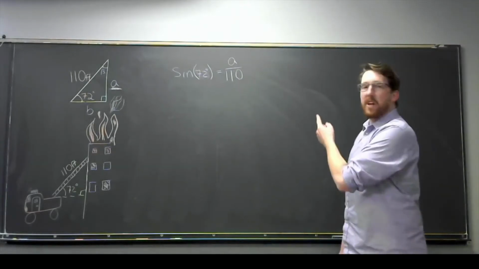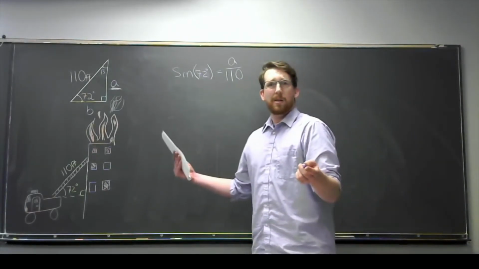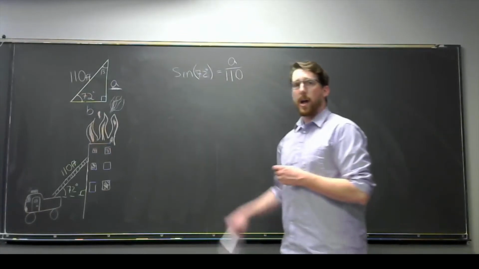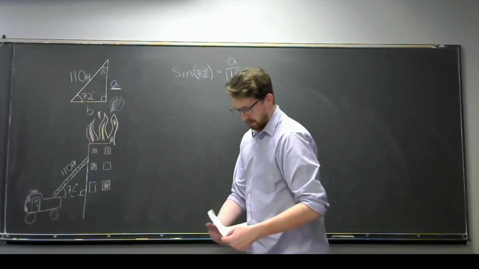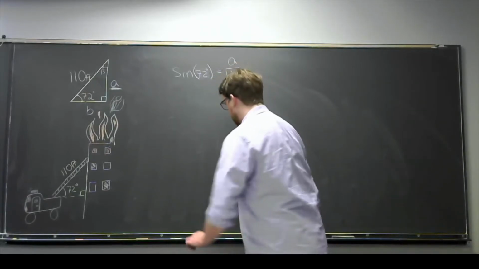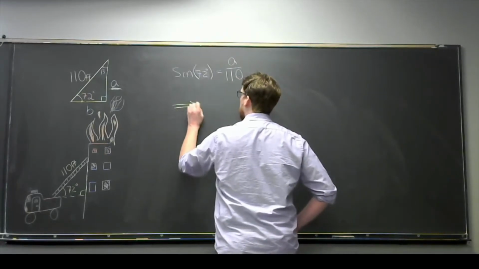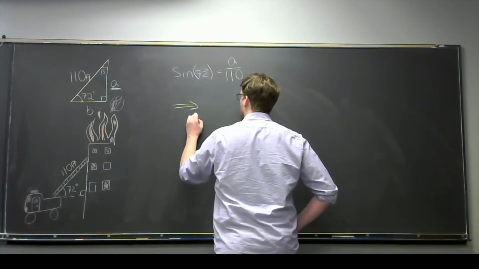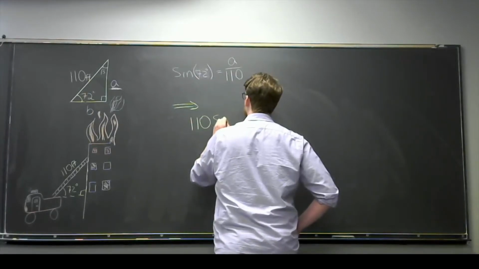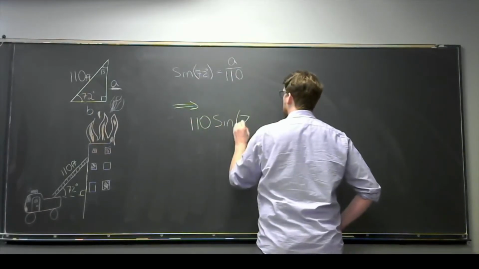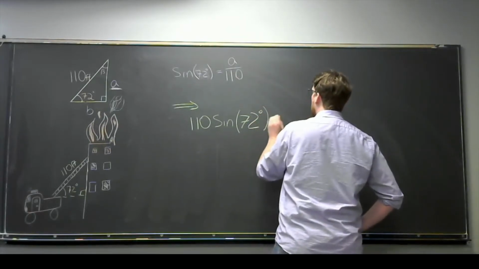So all we've got to do now is multiply both sides by 110, and we can solve for A. So doing that, we've got 110 times the sine of 72 degrees is equal to A.